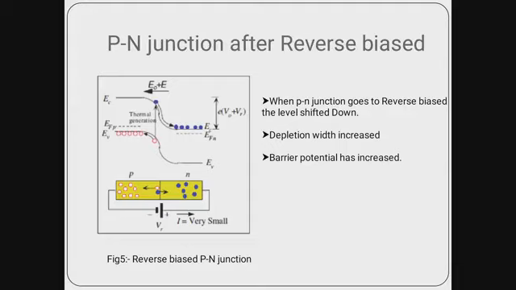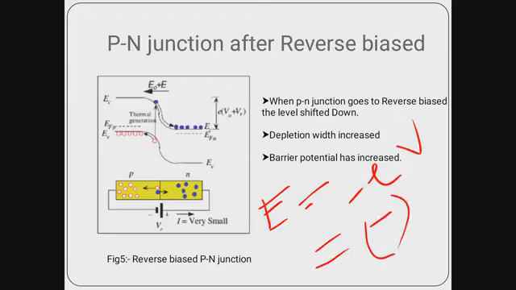Because I already told that potential energy E is equal to minus E into V. That means when V is positive, the positive polarity is connected to the negative side, that means V is positive. So if we multiply these two quantities, plus times minus, that means the potential energy will be a minus value. So what will happen? This level will be shifted downwards.